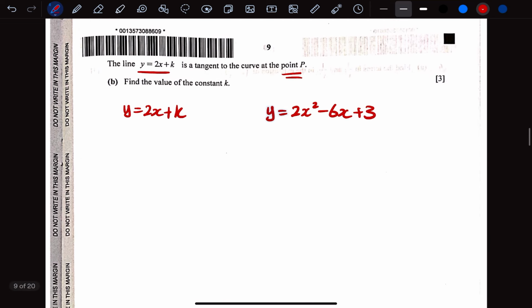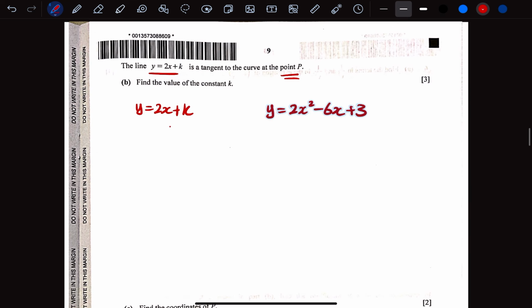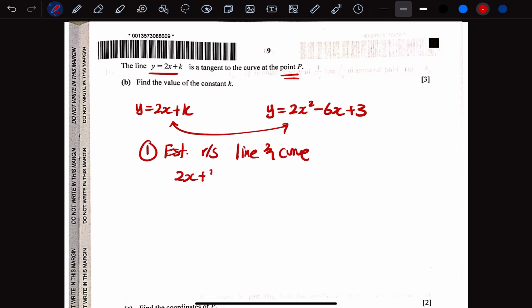So the first thing that we need to do is to equate these two equations together. We need to basically establish the relationship between our line and our curve. And the only way to do that is to equate them. So 2x plus k is equal to 2x squared minus 6x plus 3.